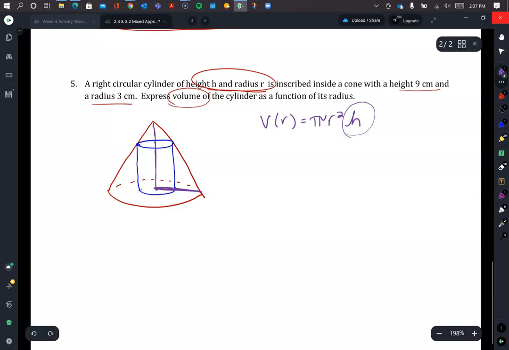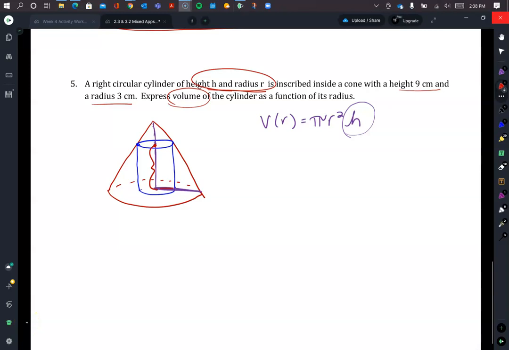So what I'm missing is this piece right here. Let's make that a different color. This chunk here, if I knew that, then I could get that in terms of r, then I could work it all out.